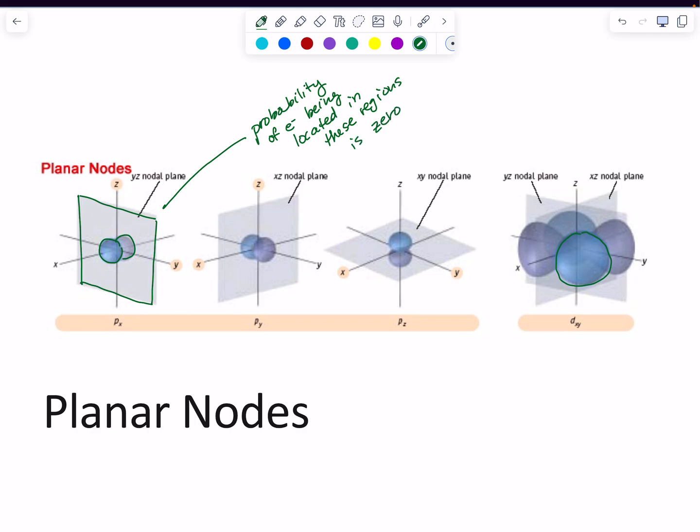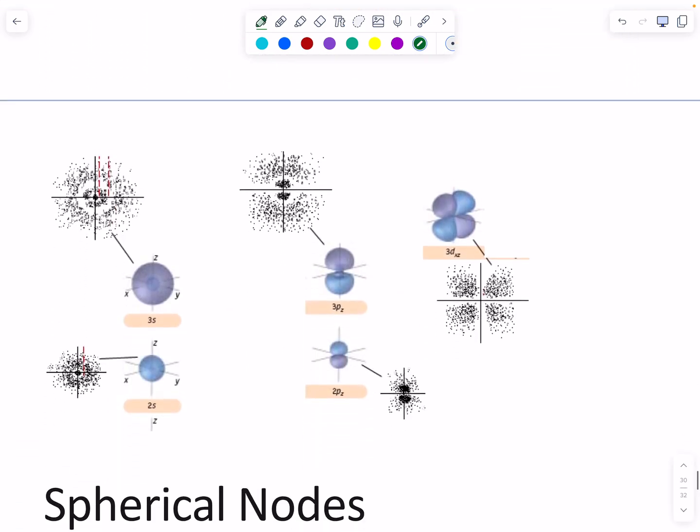Okay? And again, that reflects the math. That reflects that when you plug the numbers into those wacky equations that we use to describe quantum mechanics, they're going to go to 0 at those points in space. Okay, so those are what planar nodes are.